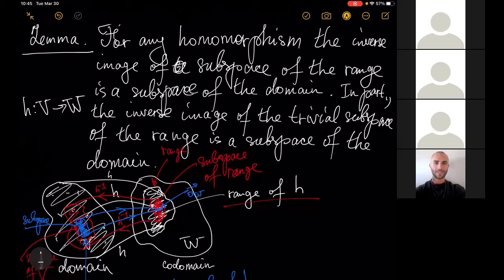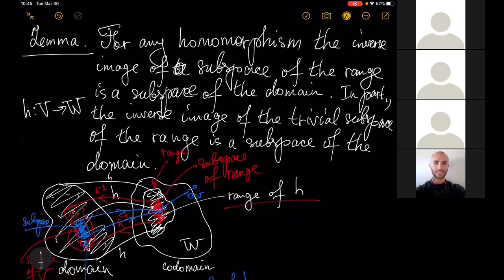For any homomorphism, the inverse image of any subspace of the range, so you consider the range, all possible outcomes of the homomorphism applied to the vector space V, essentially H of V. Then you consider a subspace of the range, and the statement is that the inverse image, all possible vectors whose image under the homomorphism gives this subspace, also forms a subspace in the original domain.